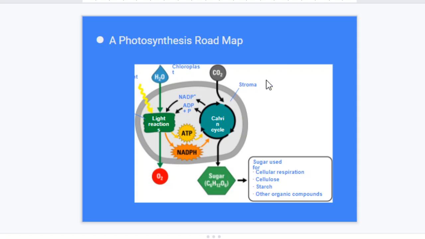But here's the big overall reaction, okay? Again, light and water go into the thylakoids and the grana. Oxygen comes out, ATP and NADPH go over to the Calvin cycle, which takes in carbon dioxide and makes sugar. And this happens in the stroma too. And out comes another molecule of energy, okay, and sugar.